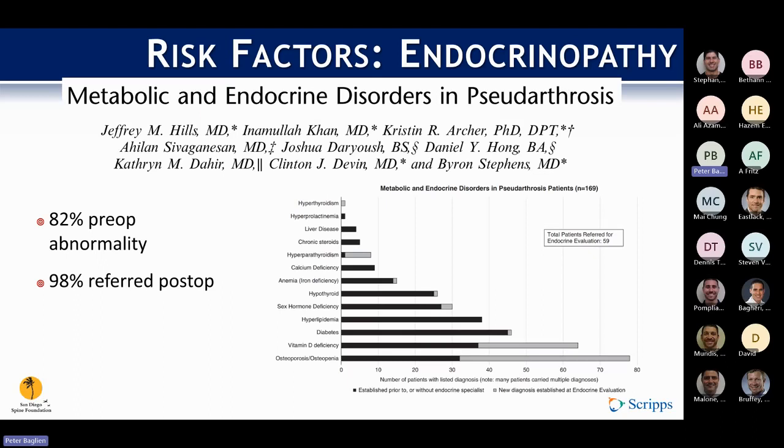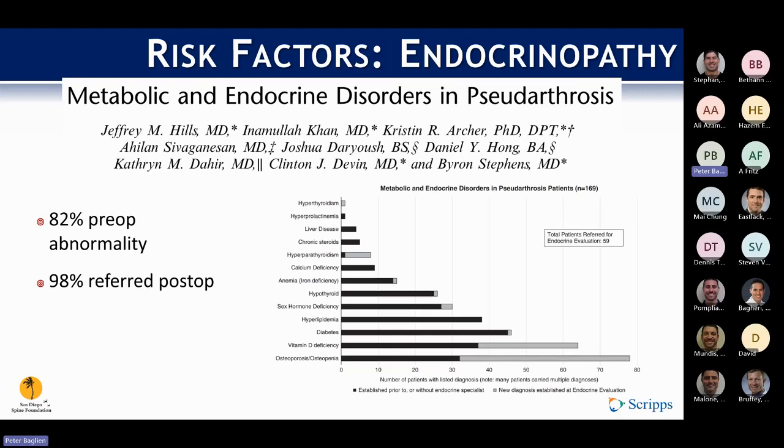Overall, though, endocrinopathy seems to play a pretty crucial role in pseudoarthrosis. Of the patients that went on to pseudoarthrosis, this paper published in 2022 looked at all the different types of endocrine disorders associated with pseudoarthrosis. 82% had at least one pre-op abnormality, and some patients had multiple.